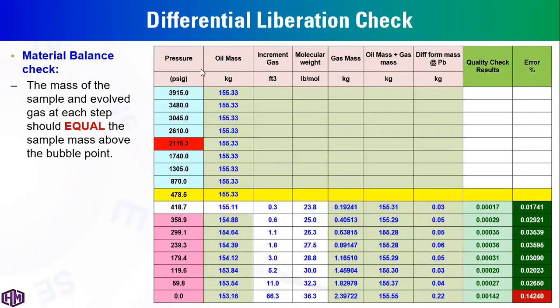A set of calculations will be applied in the differential liberation, and at the end we will check this error as a percentage. As long as the error is less than 0.1, the material balance check is valid, and it's very common to have much higher error at the last step. So now the material balance check is valid for this differential liberation experiment.